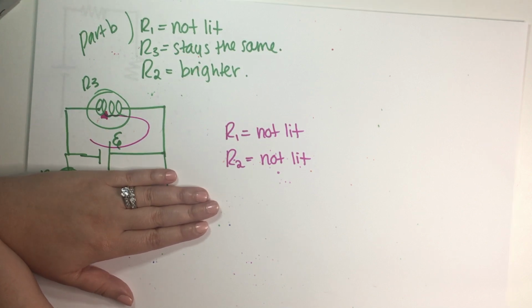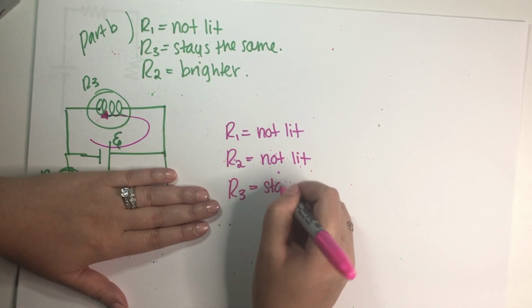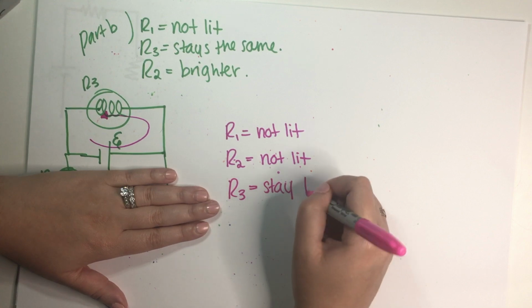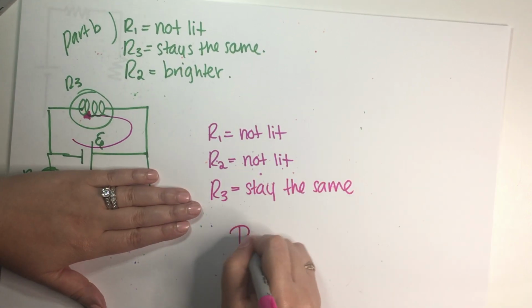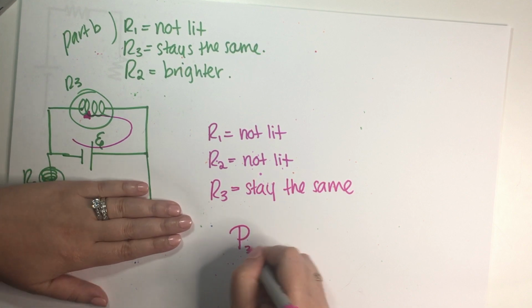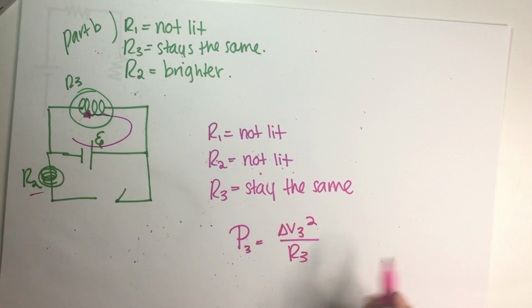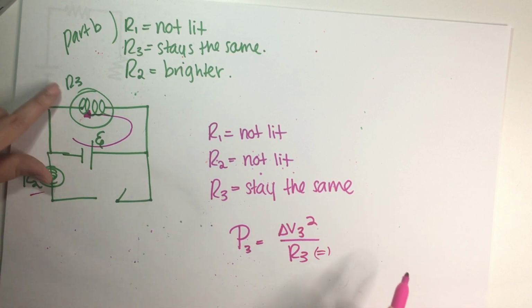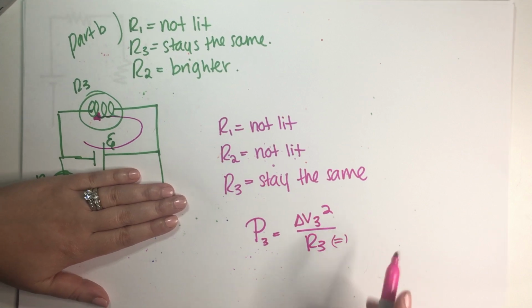And R3 is basically going to stay the same for the exact same reason that I used before. By definition, P3 is delta V3 squared divided by R3. The resistor stays exactly the same because I didn't change it, I didn't burn it out, I didn't short it out or anything.